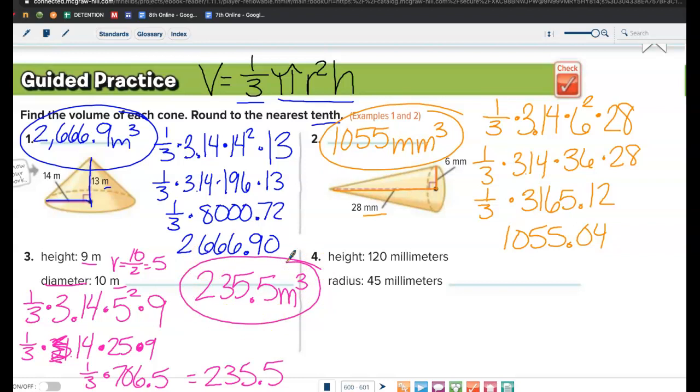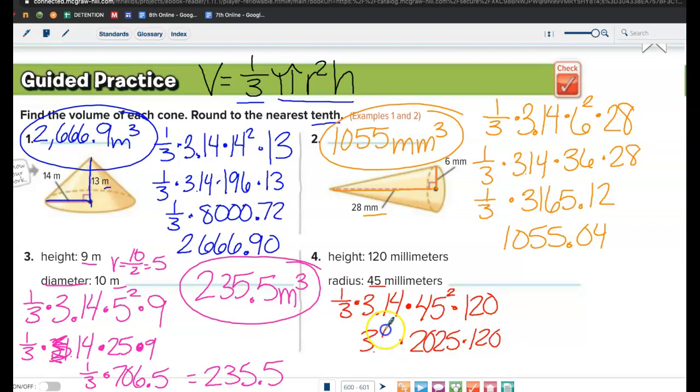All right, number 4. I have 1/3 times 3.14 times my radius. I'm given the radius is 45 squared times the height they give me is 120. So this one's going to be a pretty big number. So order of operations, I do 45 squared first, which gives me 2,025 times 120 times 3.14 times 1/3.